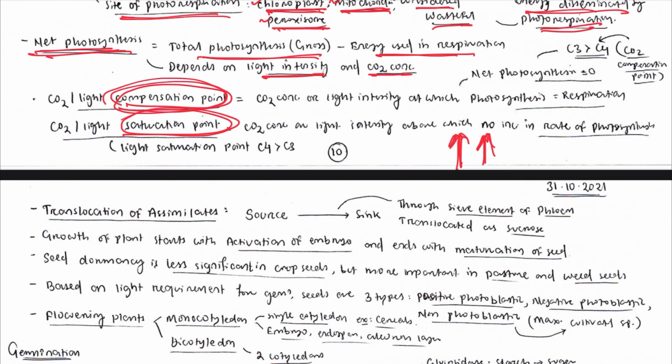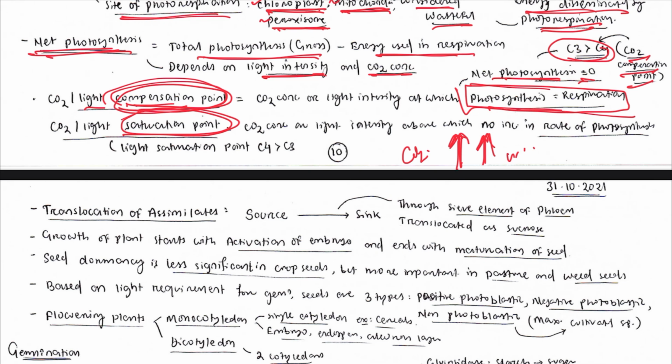So at that particular carbon dioxide concentration or light intensity, when the rate of photosynthesis is equal to the rate of respiration, that point is known as the carbon dioxide compensation point or light compensation point. Here, as photosynthesis is equal to respiration, the net photosynthesis will be 0. At the carbon dioxide compensation point, C3 plants perform better than C4 plants.